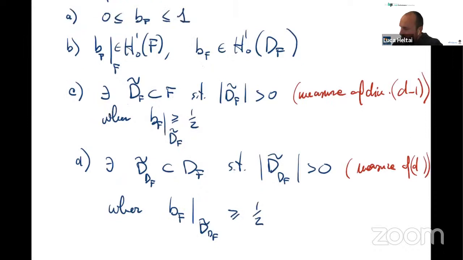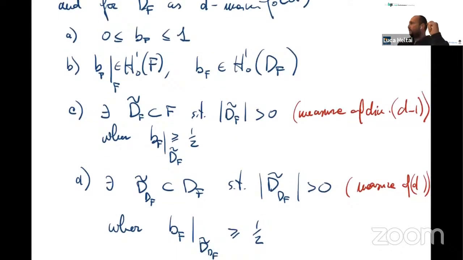Okay, so these are the properties of being a bubble function for both the face and DF.